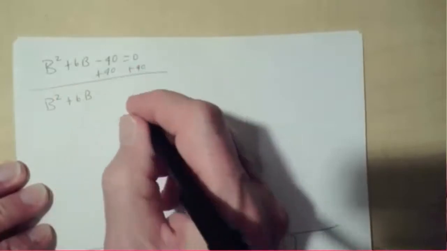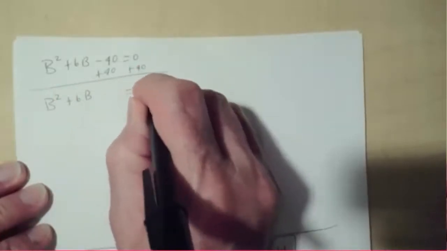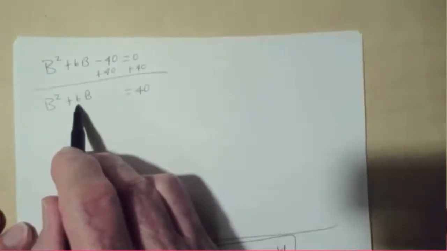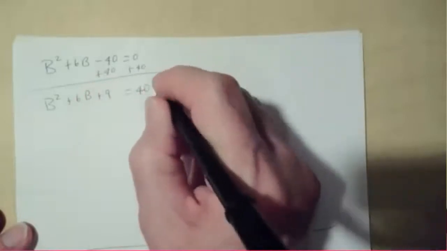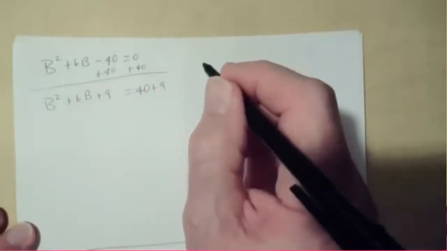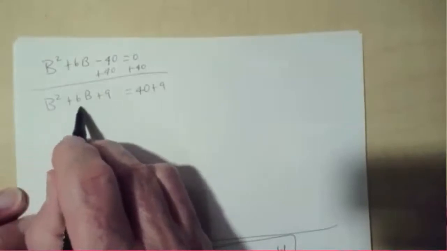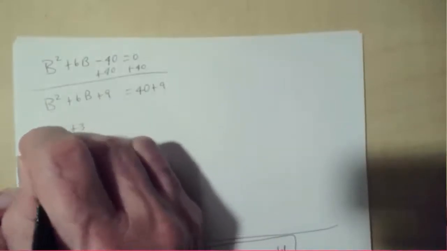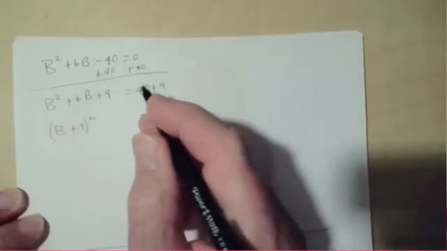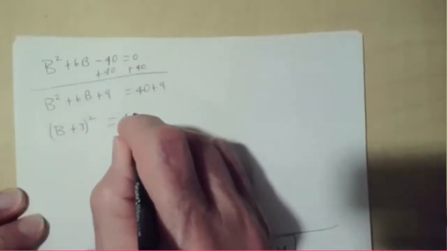You move the constant to the other side. So we're going to add 40, and we get b squared plus 6b, I'm going to leave a little space here to complete the square, equals 40. Half of 6 is 3. 3 squared is 9. So we add 9 to each side.